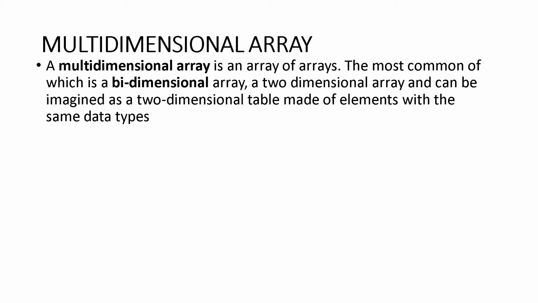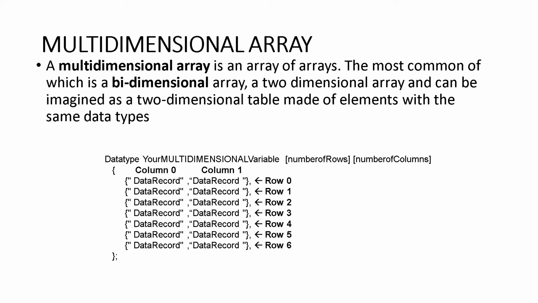We already know that a multidimensional array is an array of arrays, and the most common is the bidimensional array. Usually, most users use two-dimensional arrays that can be imagined as tables made of elements such as rows and columns, like this.